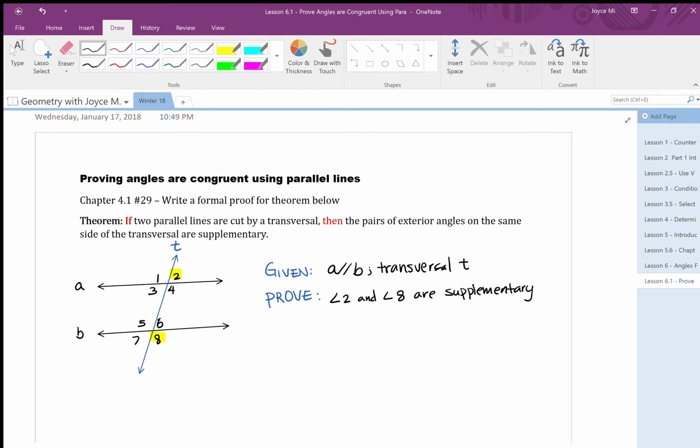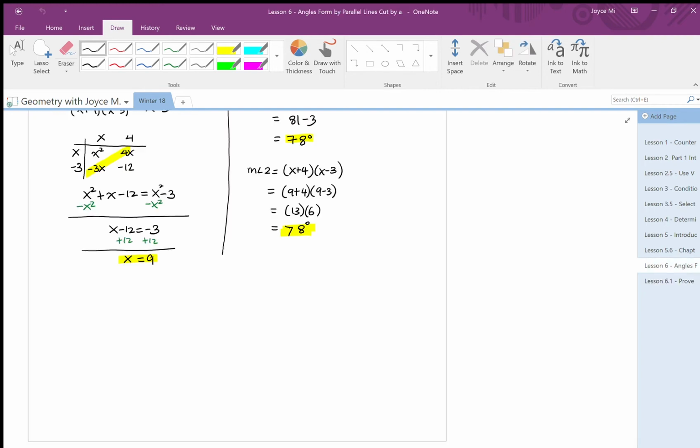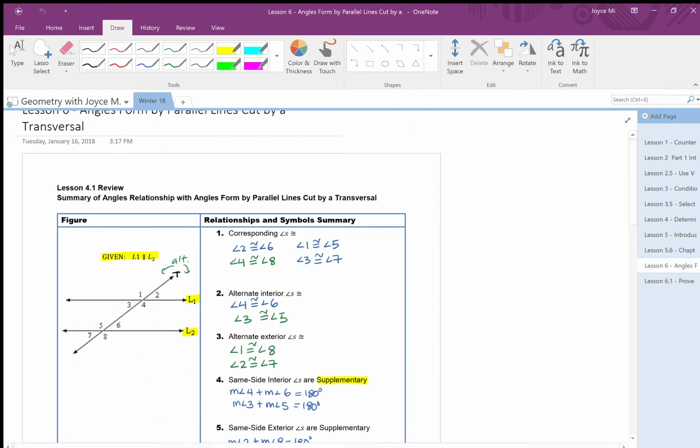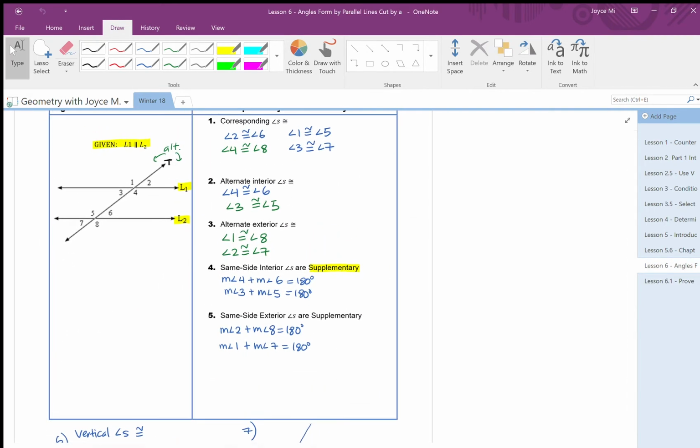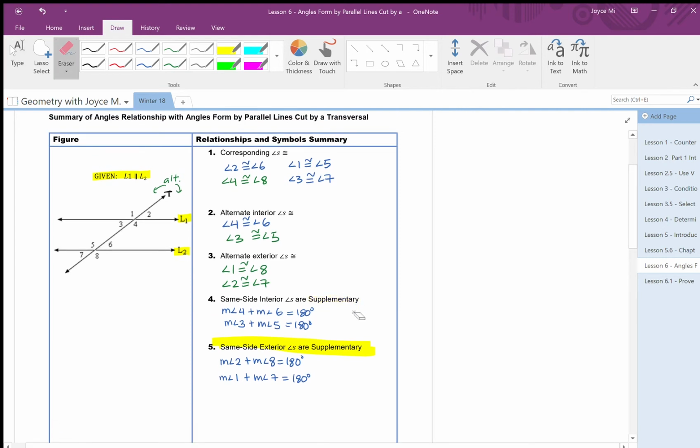Before we construct a proof, we can do a little review of angle relationships when two lines are parallel, from the last lesson. Here we have a summary. We're proving that same side exterior angles are supplementary, so I can use any of the previous ones to prove it.